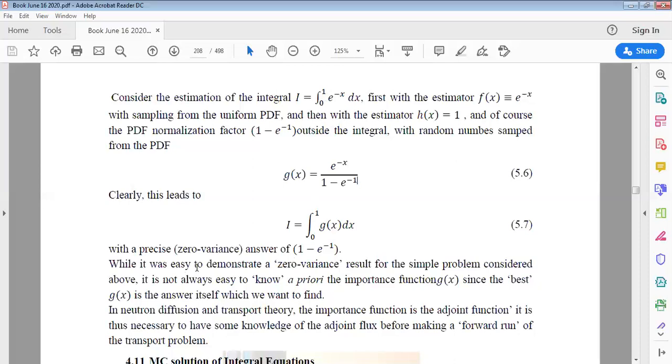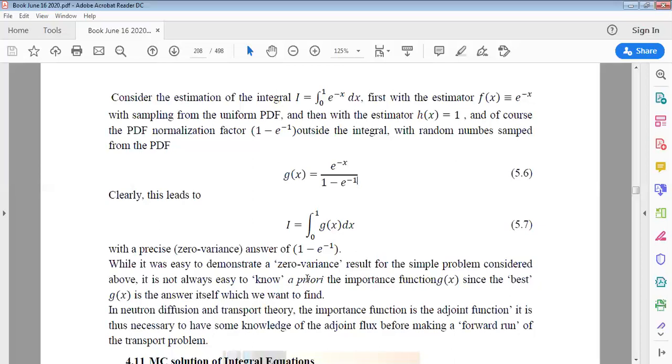While it was easy for me to demonstrate a 0 variance result for this simple problem, I sort of knew a priori what the answer was. So to generalize this in English, if you know what the answer is, you can get a 0 variance solution. Now that doesn't make a lot of sense, because if you know what the answer is, why would you want to find the answer?